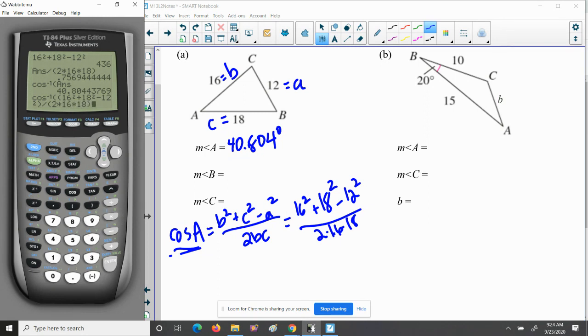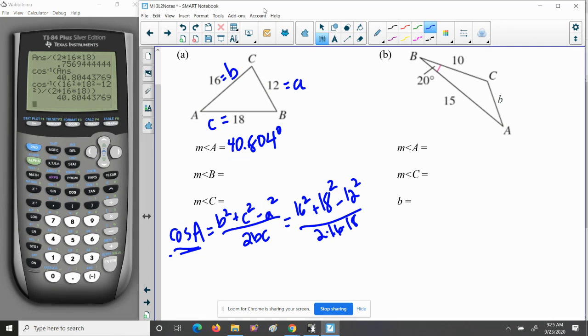Close parentheses. Now, this is our parentheses closing for the inverse cosine. And we get the same answer. But again, you have to remember to put parentheses around the top and the bottom. Okay, you can definitely do it. But a lot of times I find that people will put too many parentheses or forget a parentheses and it throws your answer off or you get an error. So just be careful about that.